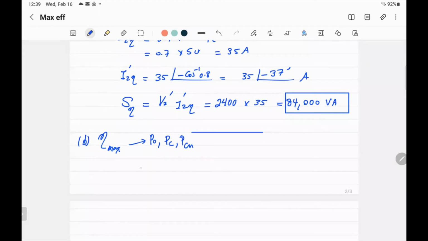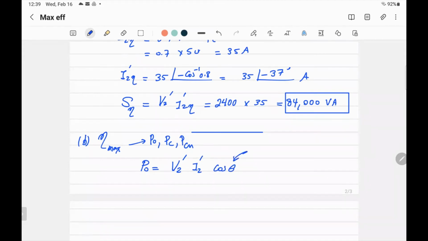Let's first find the output power. Can you find the output power that causes maximum efficiency? How can you calculate the power of anything? You've got to know the voltage, the current, the power factor. Three things. So the output power is equal to V2 dash I2 dash cosine theta for the power factor.